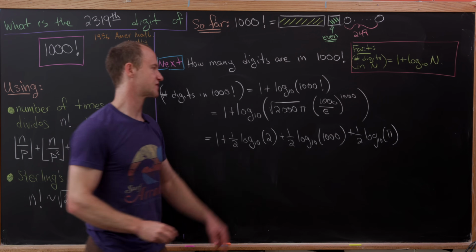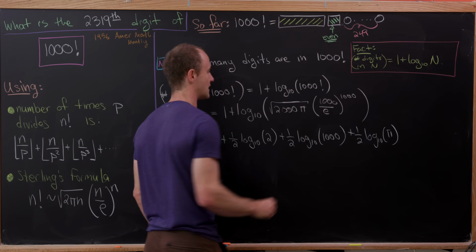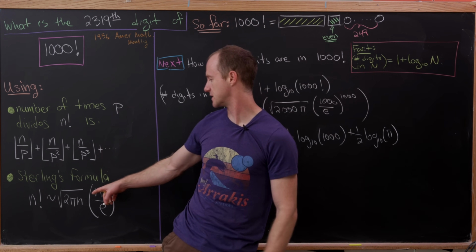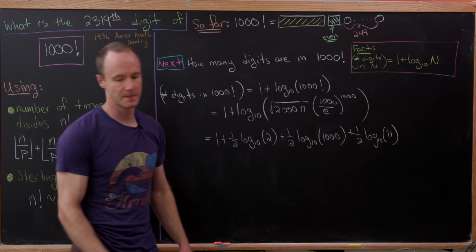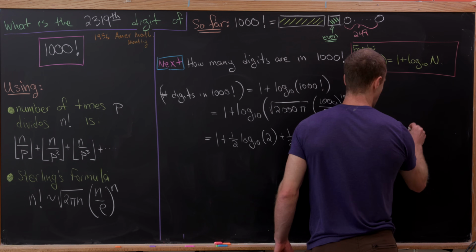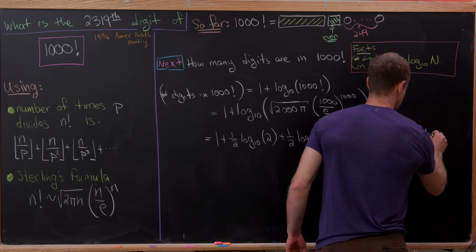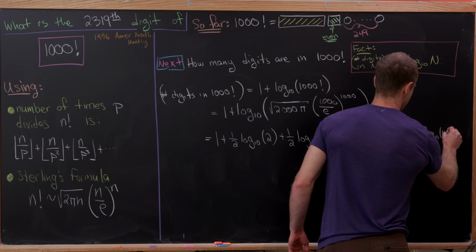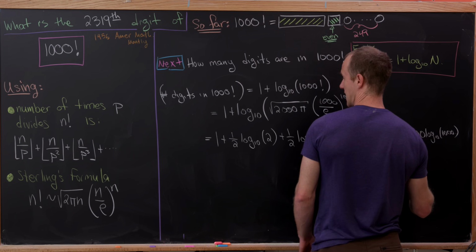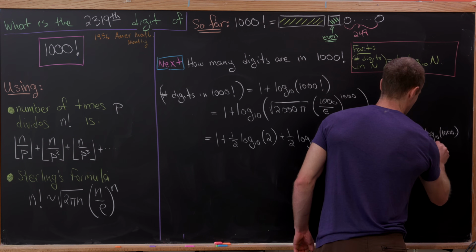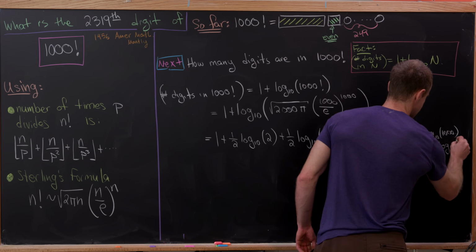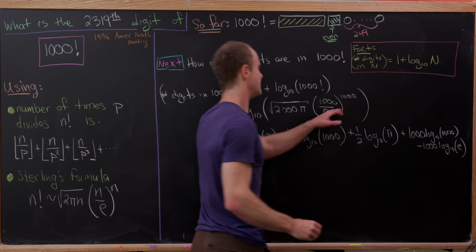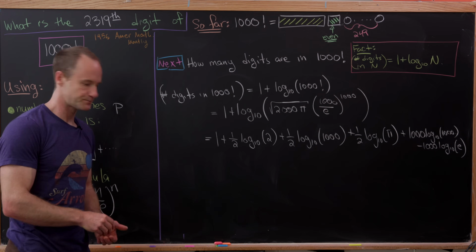That's from deconstructing this 2,000 times pi, which clearly comes from the 2 pi n portion. And then next we have plus 1,000 log base 10 of 1,000, minus 1,000 times the log base 10 of e. That's from this bit right here.